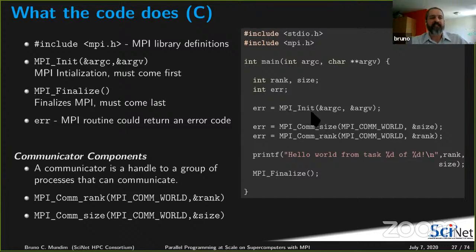As I said, think of the phone: with MPI_Comm_size, you pick up the phone and ask the operator, what is the area code, because my phone is in this area code. And with MPI_Comm_rank, you ask, okay operator, what is my phone number? That's the way you are ready to start communicating with other phone numbers, or in this case, with other MPI tasks in your simulation, in your program.